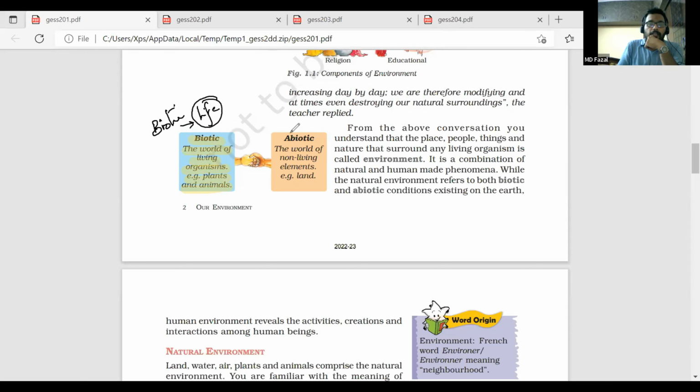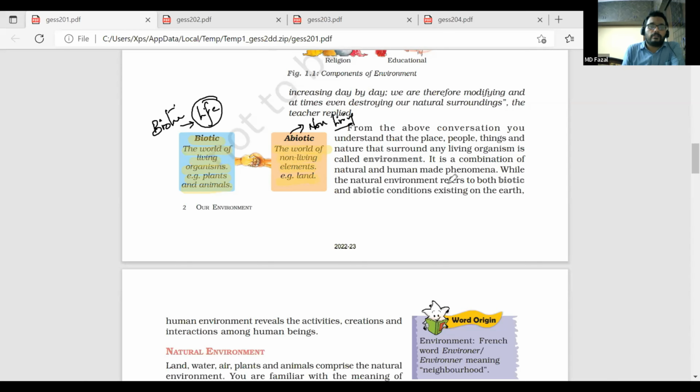And if you take abiotic, other than life, that means what? Non-living. It's a component of the non-living things. Now you can just highlight there: the world of non-living elements.